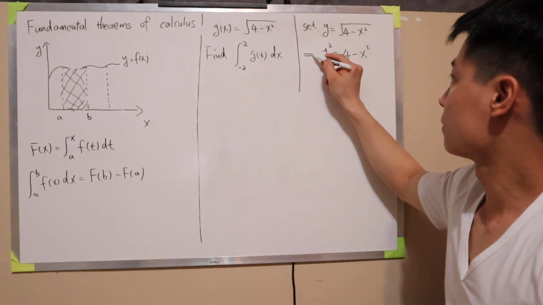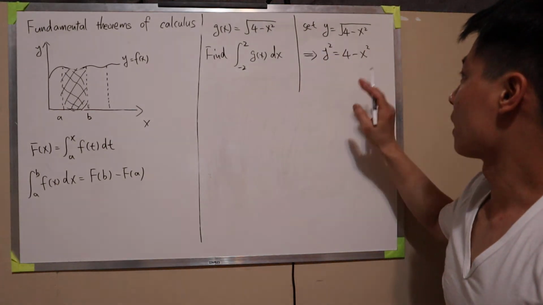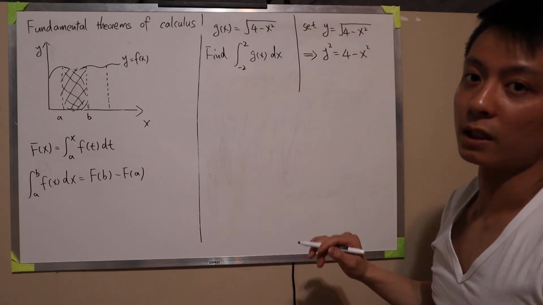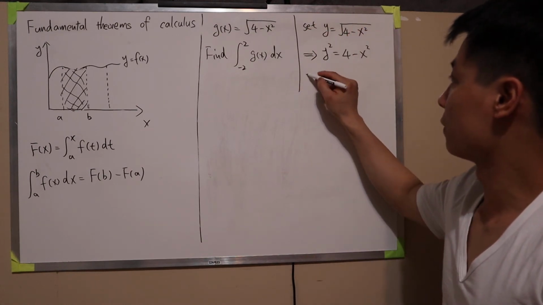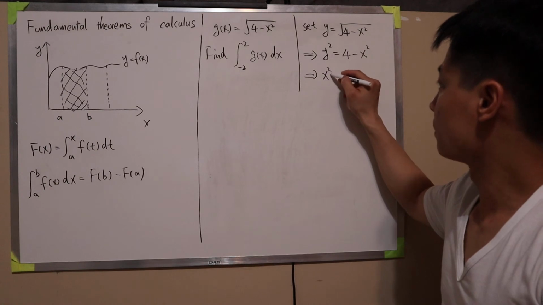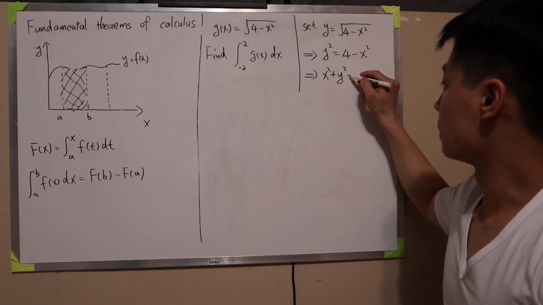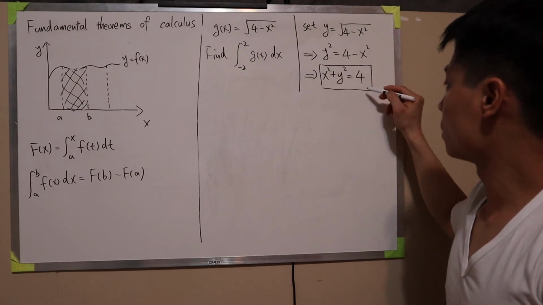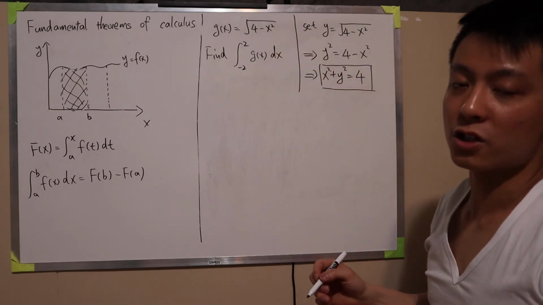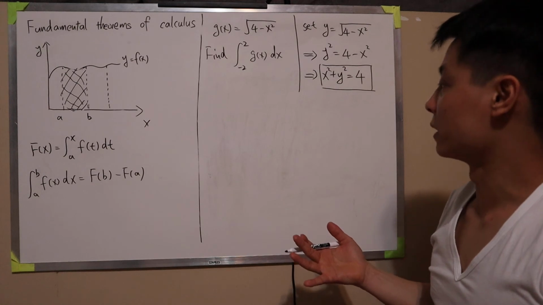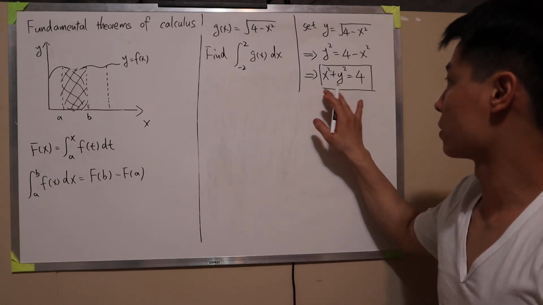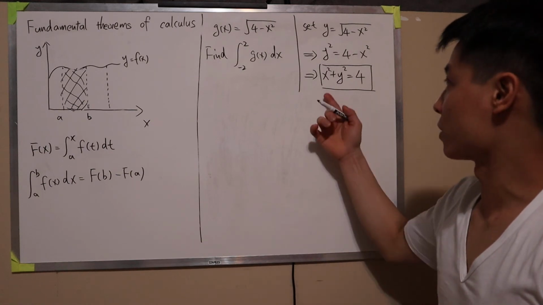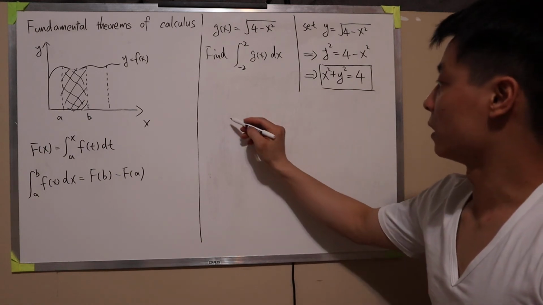And then you can move the minus x squared term to the left hand side. So you have x squared plus y squared equal to 4. So the curve given here, this function, is actually a part of the circle having radius 2, which is x squared plus y squared equal to 4.